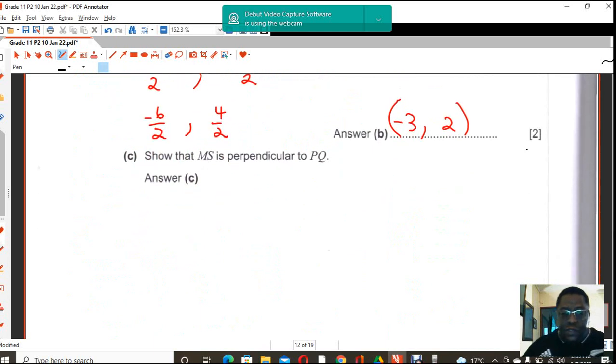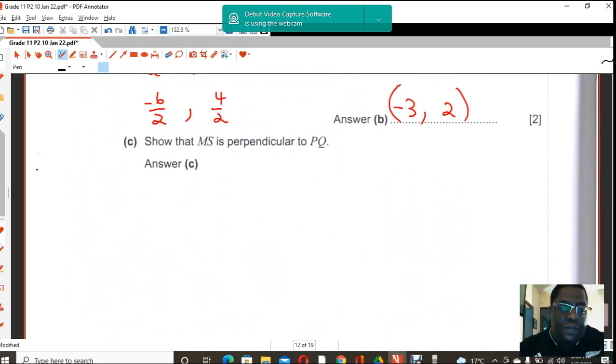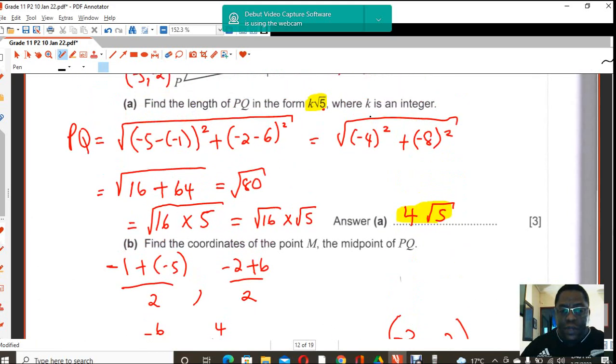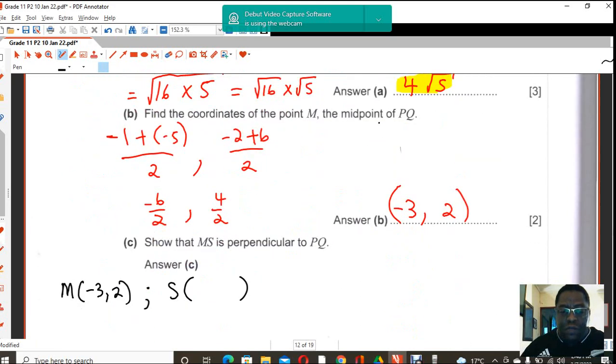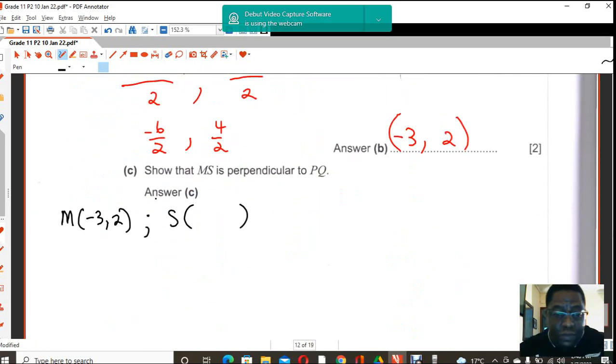So let us see. First, M, the coordinates are -3, 2, getting it from a previous answer. S, the coordinates are 3, -1. Just make sure we have it all right.